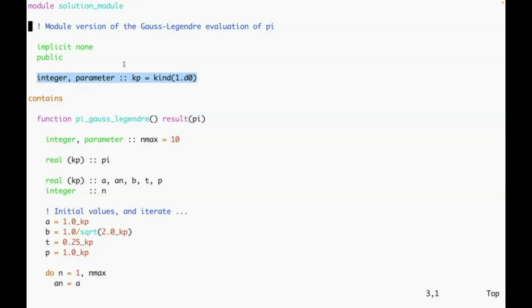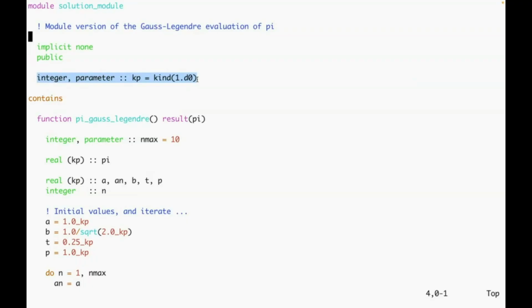So this is a parameter. That's the thing. It can never be changed. It's essentially just a way of passing constants around. So this is safe.